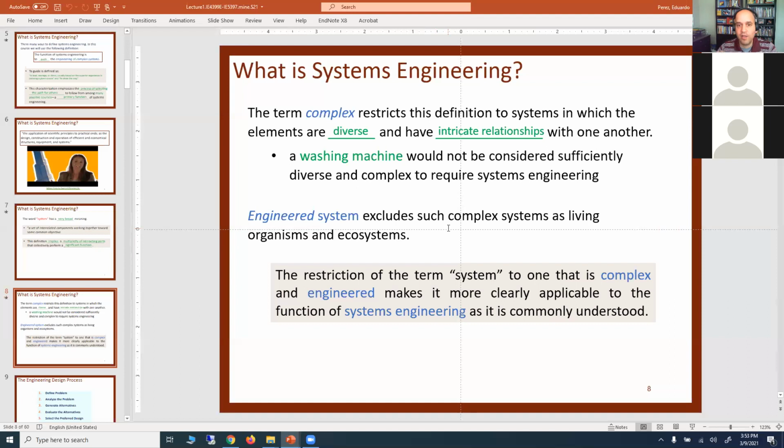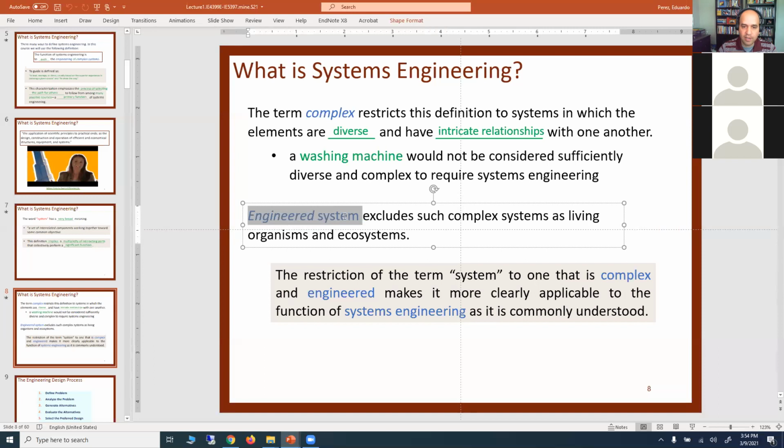This will require diverse elements, and the way that you will know whether or not a system is complex is that most of the time it will require the development of some type of new technology, something that has not been used, or a combination of parts that have not been used before. That's what makes this a complex endeavor. There are some other concepts that are similar but represent something else. So, engineered system.